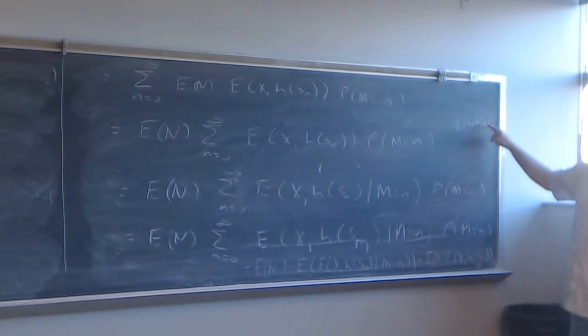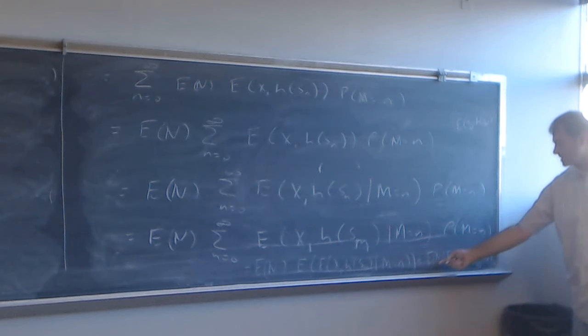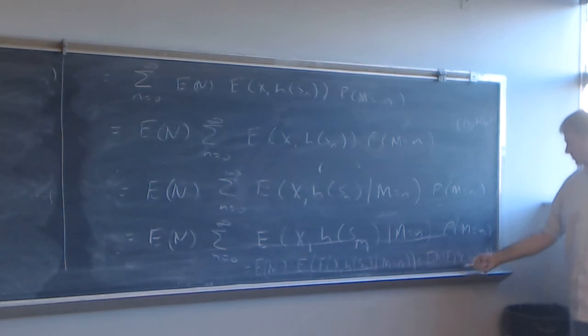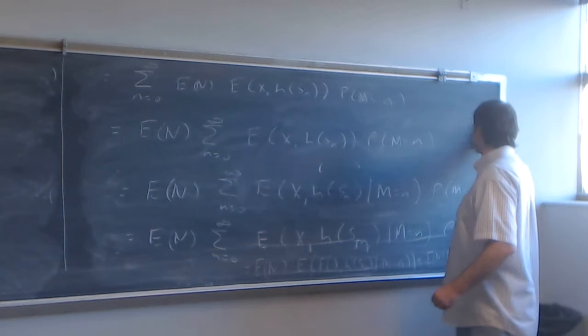If you let h of S of N be 1, then what we had already stated was the expected value of the compound random variable, which was the expected value of N times the expected value of X1, where this part would have been 1. So in essence, we're looking at the compound random variable identity, something more generalized than what we showed earlier.